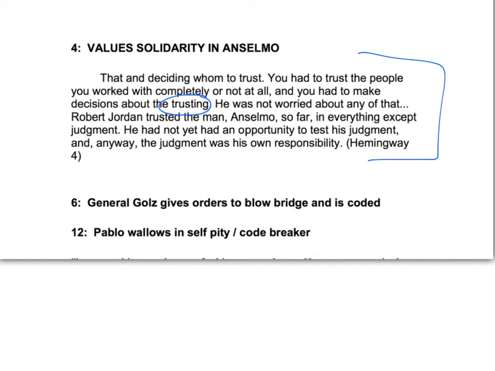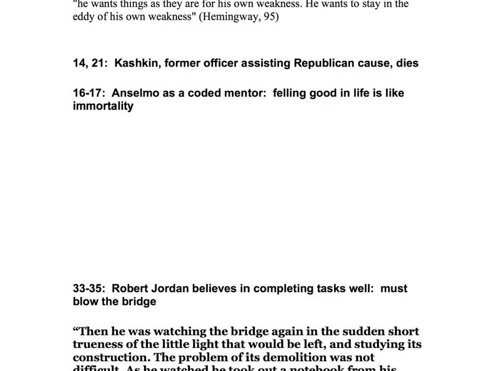Then we have Pablo rejecting this blowing of the bridge, pitting himself toward his future demise. He's a code breaker. He's unable to commit himself to action. The quote for Pablo here is, he wants things as they are for his own weakness.